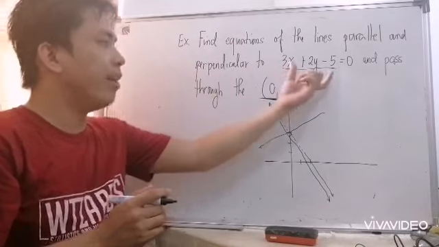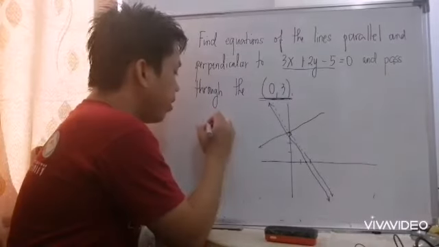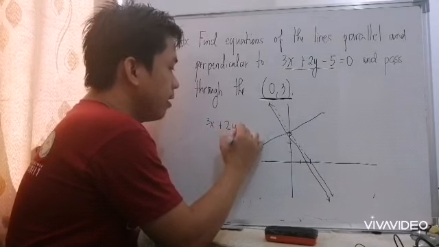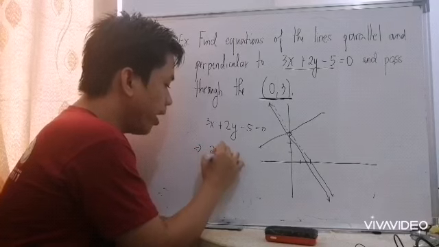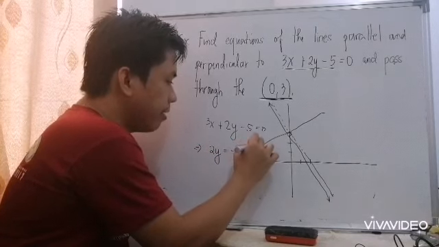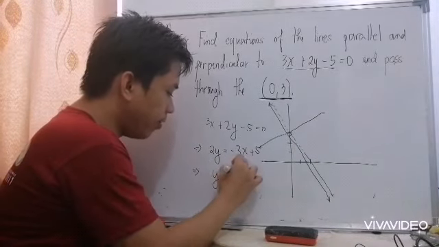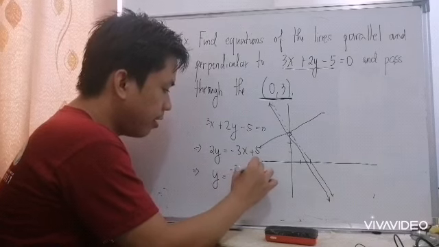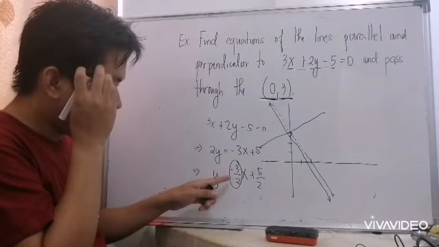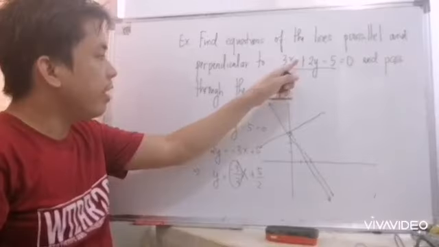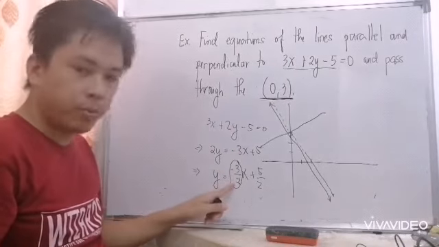In order to do that, we first have to get the slope of this line. Solving for the slope: 3x plus 2y minus 5 equals 0 implies 2y equals negative 3x plus 5. Divide both sides by 2, and you get y equals negative 3 over 2 x plus 5 over 2. The important thing here is the slope of this line. Since we have to get the parallel of this line, it has the same slope.